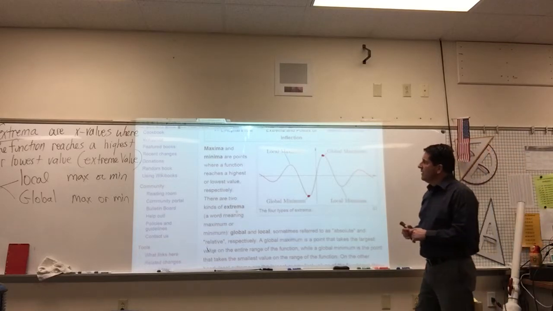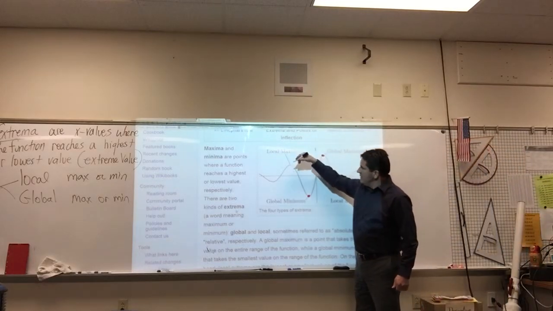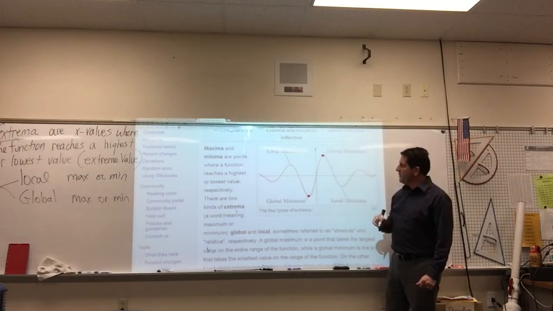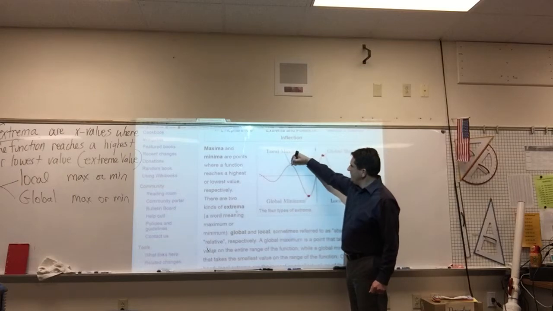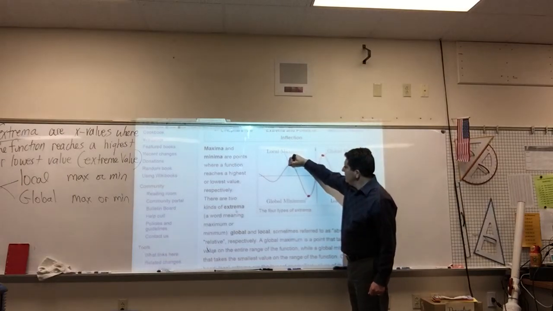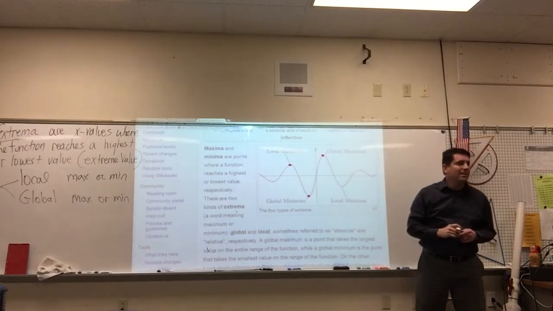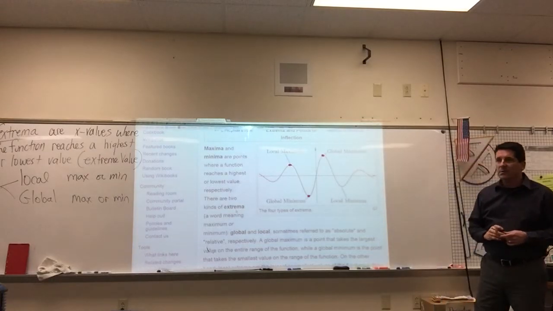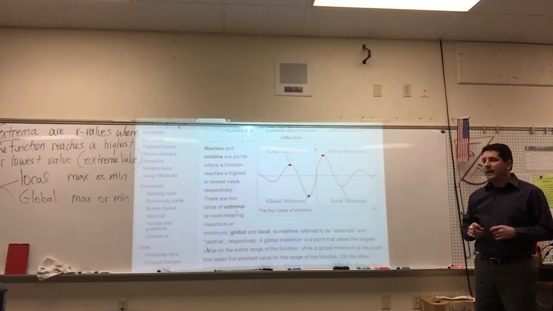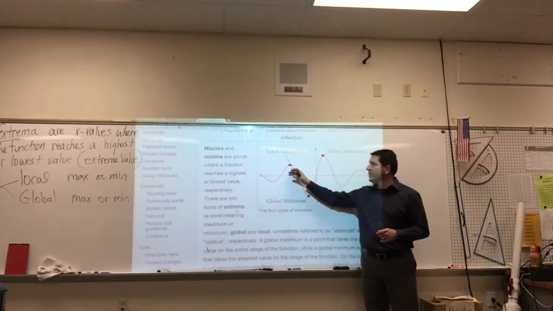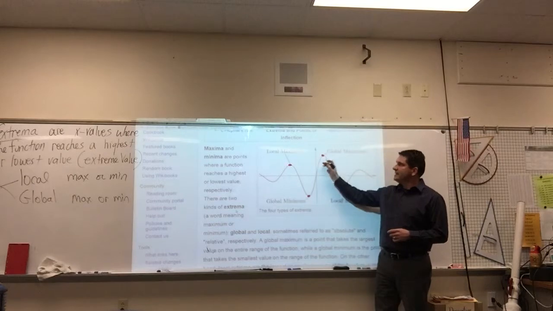Locals are similar to globals in that you can have maximums and minimums, but they're not the extreme cases. For example, this is referred to a maximum, but it's called a local maximum because it's a high point, okay? It reaches the maximum here, but it's not the highest of all.